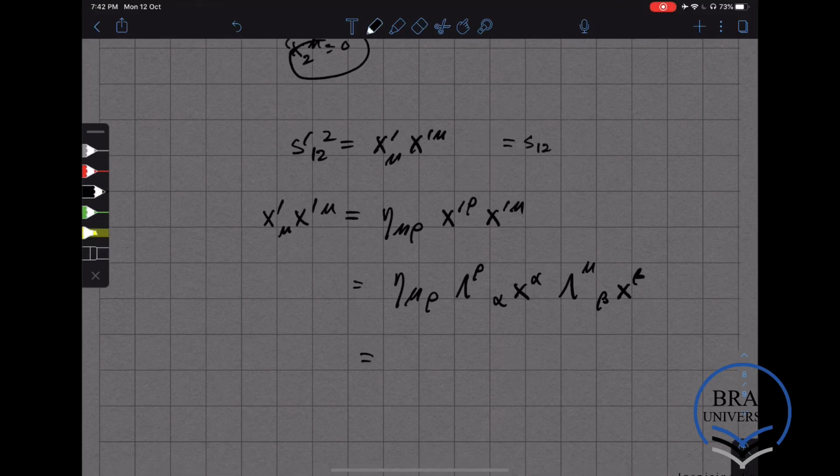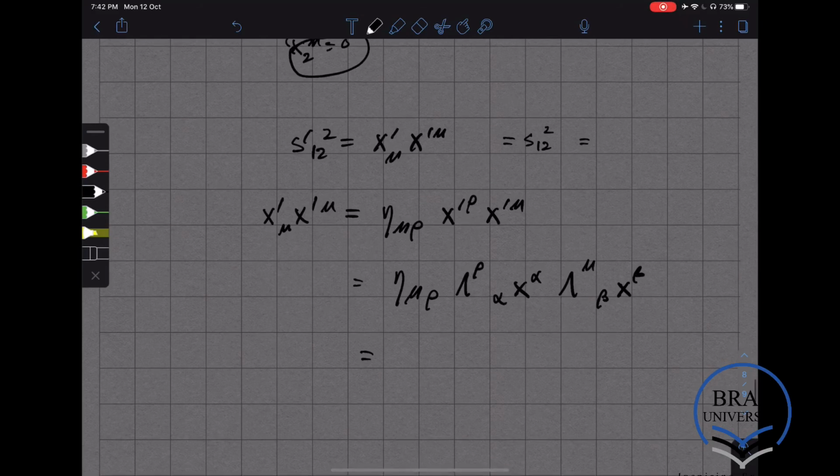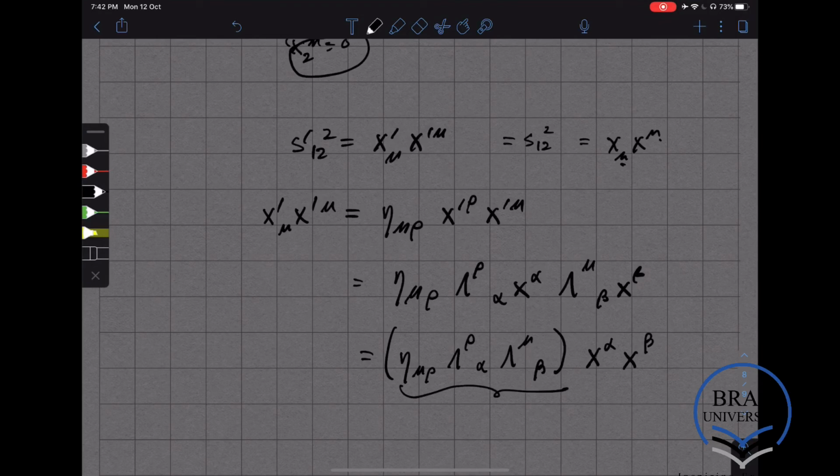So this has to be equal to s_12 squared, but s_12 squared is just x_μ x^μ. Of course, this index is summed over, so it's a dummy index. So what this means is that η_μρ Λ^ρ_α Λ^μ_β, this whole thing times x^α x^β, better be η_αβ x^α x^β.